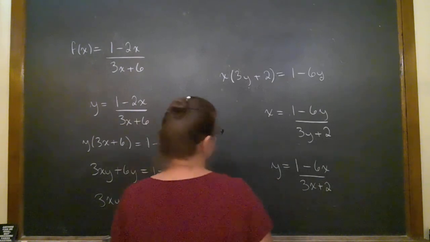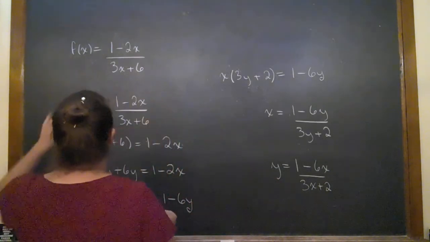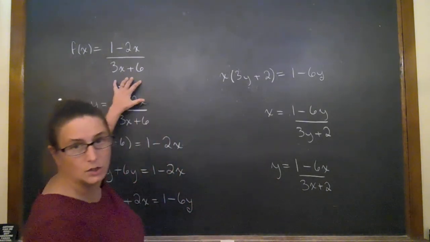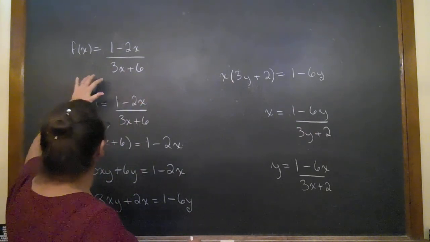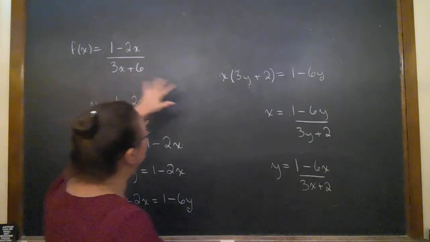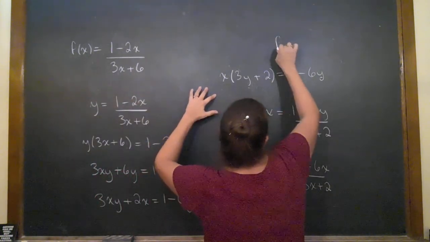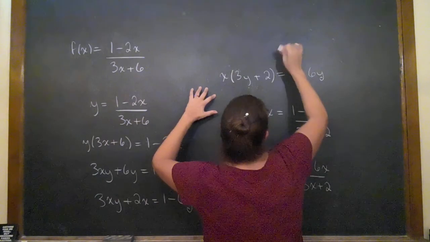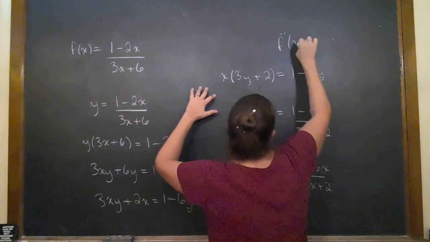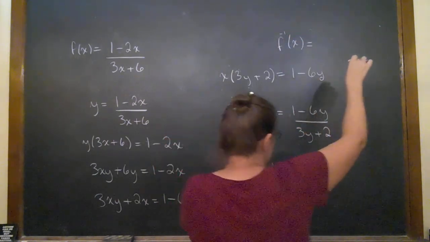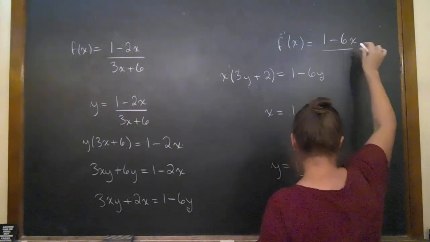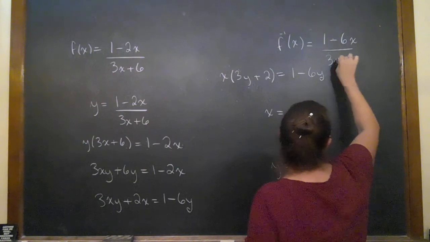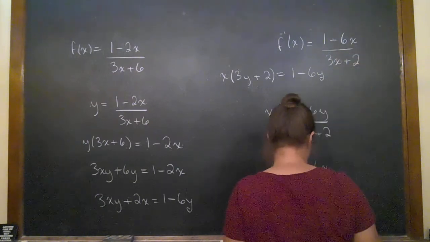All right, now is it right? So let's take a look at the graphs for a minute. We'll have to do them, but let's put this one up here, and then I'm going to rewrite this one up here and just call it f inverse of x. So I have 1 minus 6x over 3x plus 2.